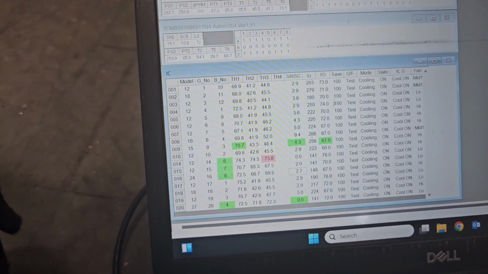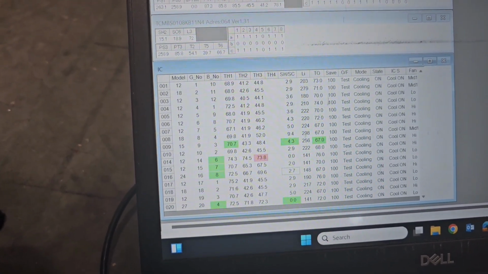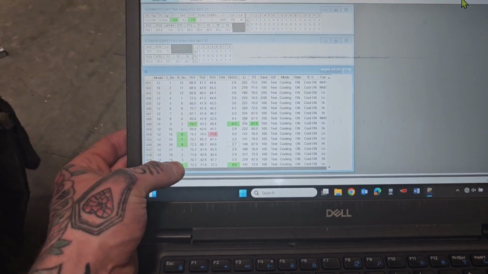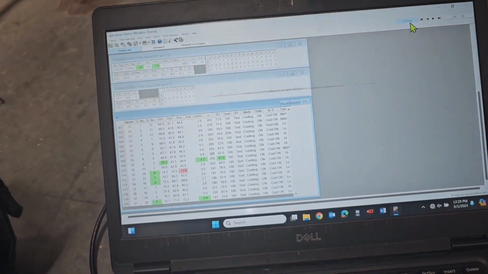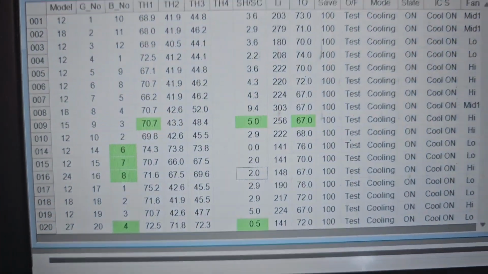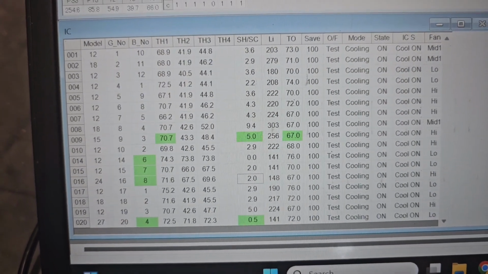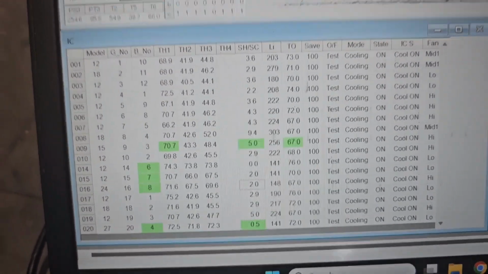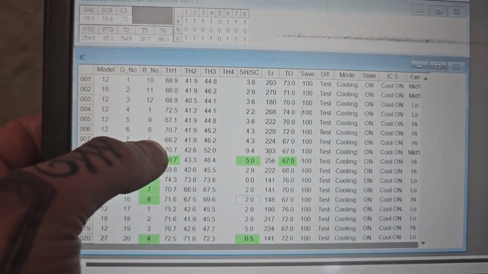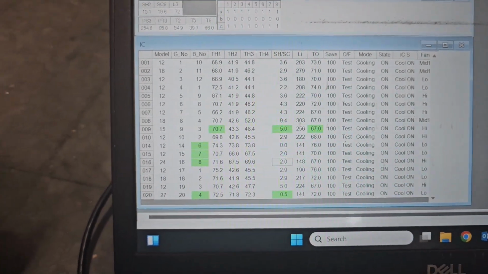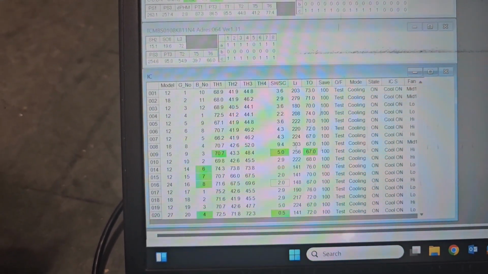So if we go forward to now, so I've had this running for 108 minutes. I've had these 3-4 ports closed for probably about 30 minutes now. Look how much better our indoor superheats look. Yeah, they're low, but I've got it in test mode. We've got several units that are, I mean, pretty cold. There's not much load on them.